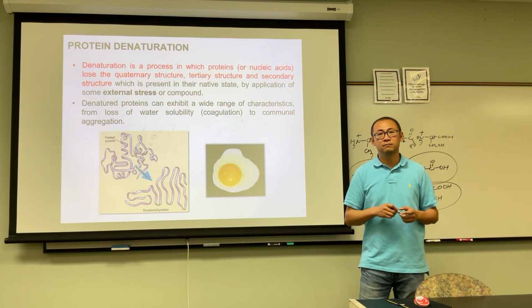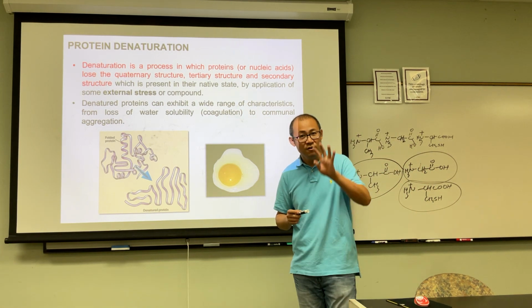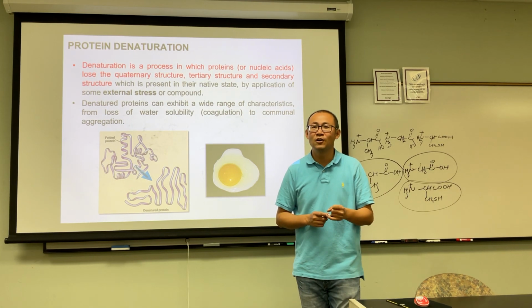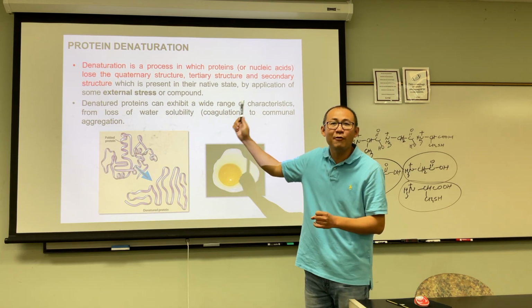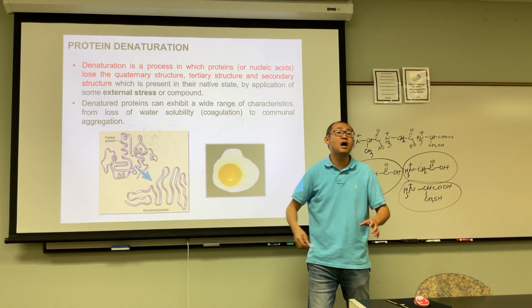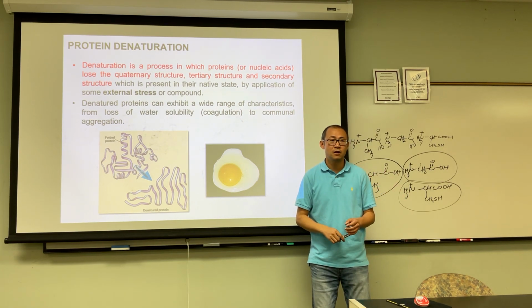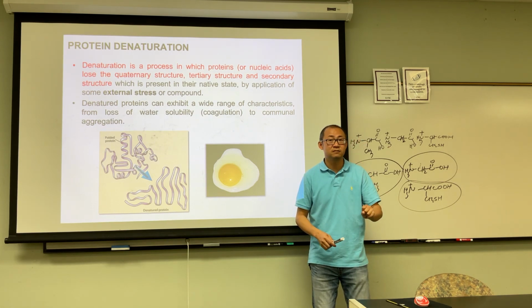For protein, not all structures will be lost. Remember we said protein structures have 4 levels, right? Primary, secondary, tertiary, and quaternary. In the denature process, secondary, tertiary, and quaternary structure will be lost because of some extreme condition for that protein, of course. But the primary structure will remain.